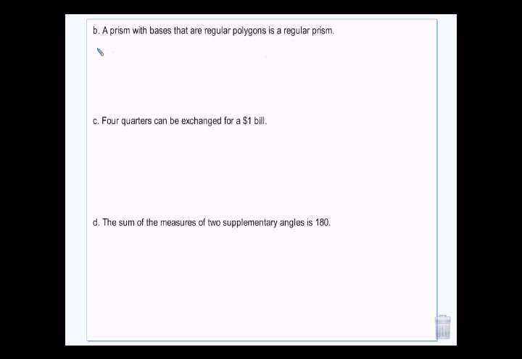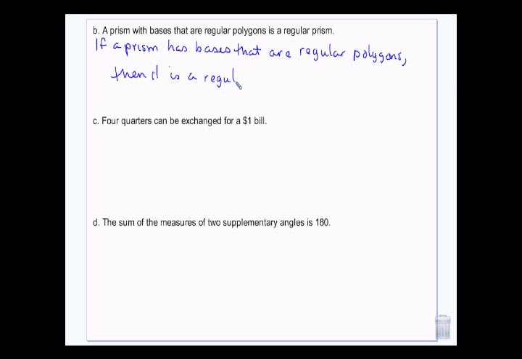So you could say, if a prism has bases that are regular polygons, then it is a regular prism.